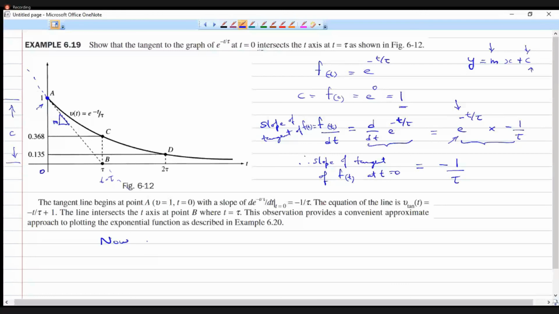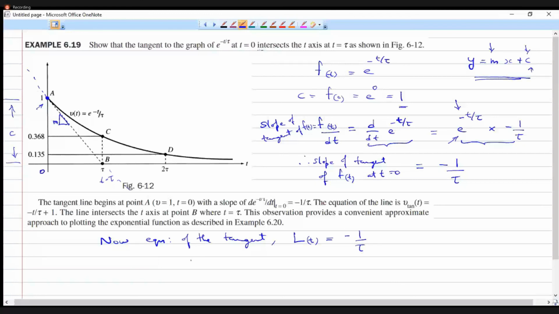Now I can write the equation of the tangent. Let me call it L of t. The equation of the tangent L of t is given by this form: slope into, what is the slope? My slope is equal to minus 1 by 2.